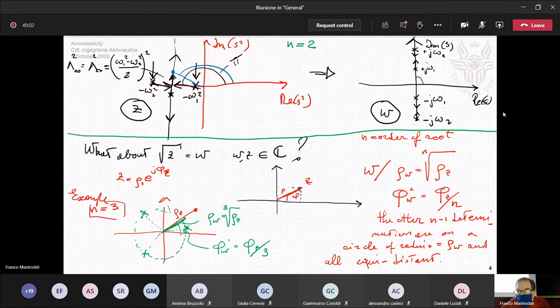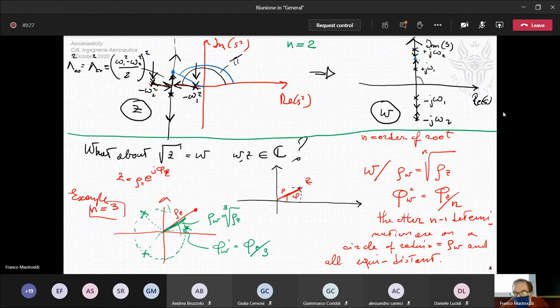This means that after the coalescence point here, you have a root with a modulus which is higher with respect to the modulus of the coalescence, but the phase is less than pi by 2.